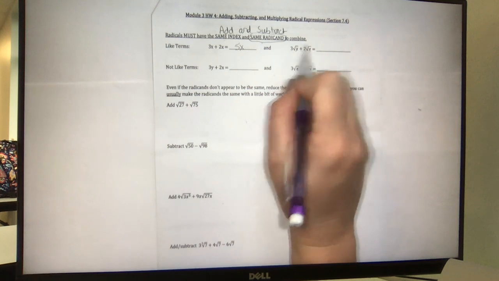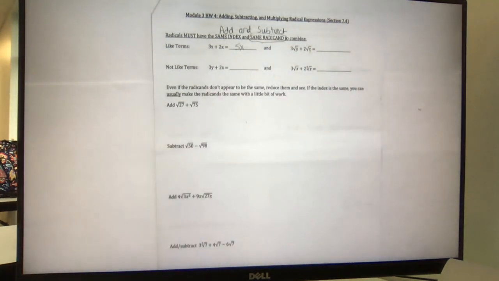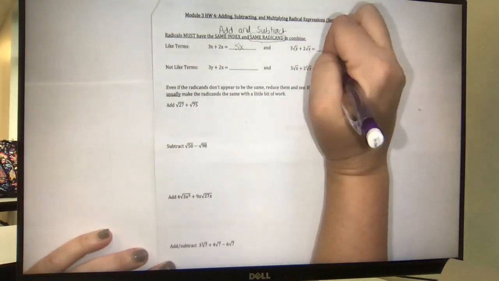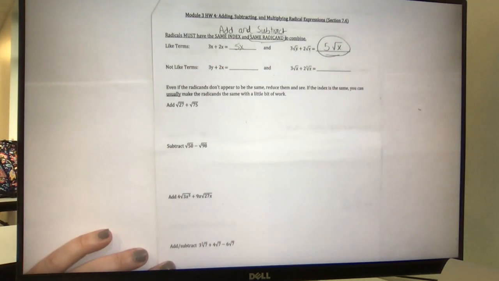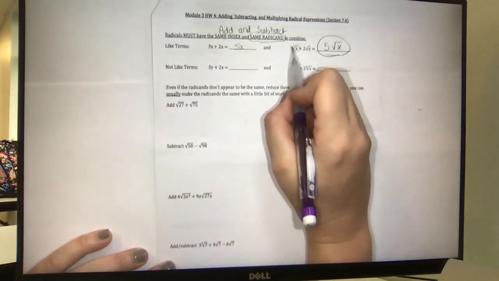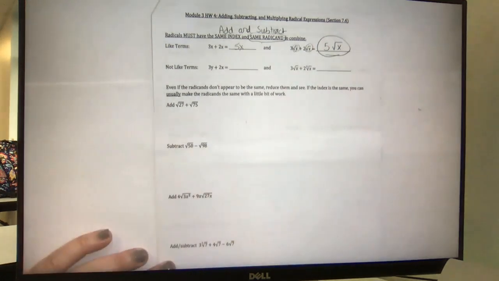Now, they don't have the same coefficient, but that's not a requirement. As long as it's the same inside and the same index outside, you're fine. So 3 square root of x plus 2 square root of x is going to be 5 square root of x. Notice what did not change. This whole part did not change at all.